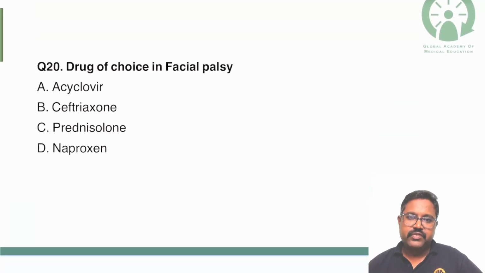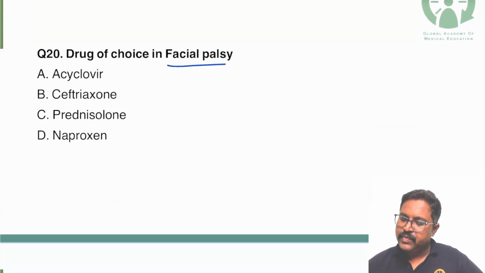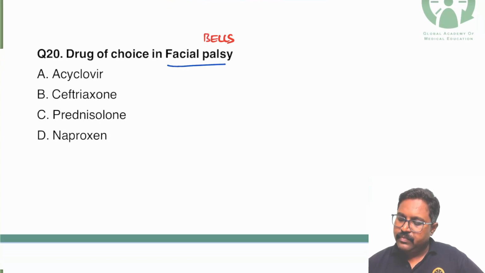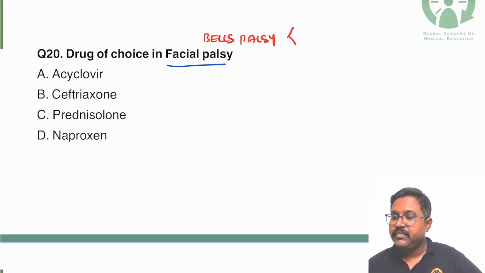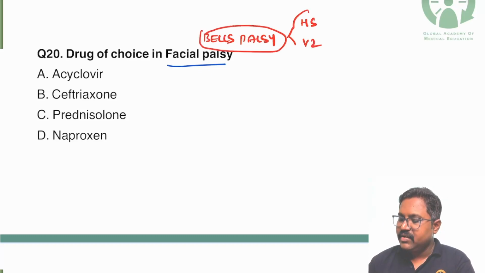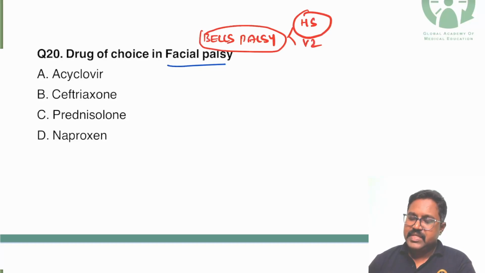Which is the drug of choice in case of facial palsy? Facial palsy is also called Bell's palsy, which is caused by either varicella zoster or herpes simplex virus. Basically Bell's palsy is related to herpes simplex.